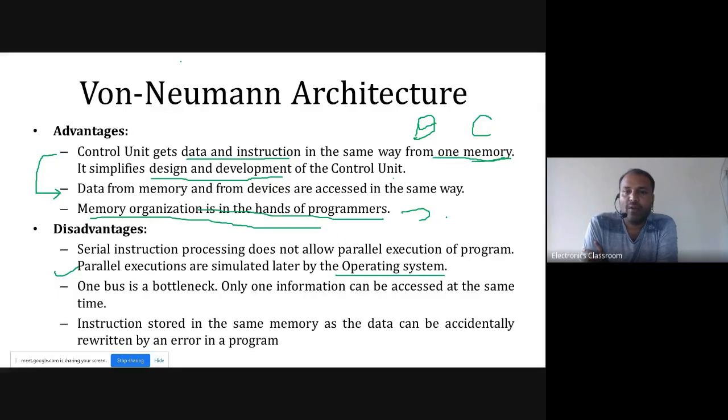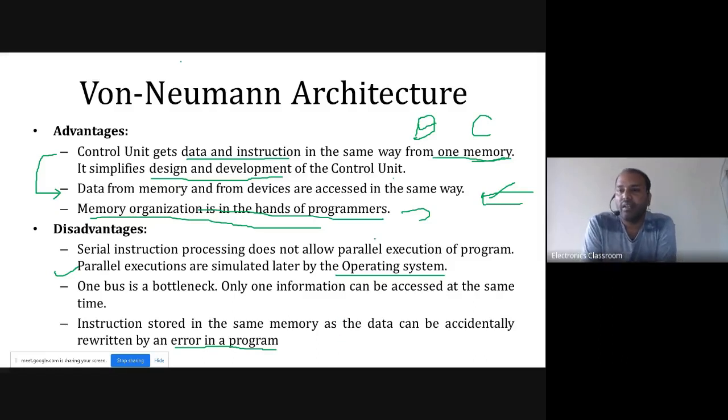So I have written memory, instruction, then code, and due to some negligence or any accidental data fetch or data write operation, it is going to make something catastrophic in our program.